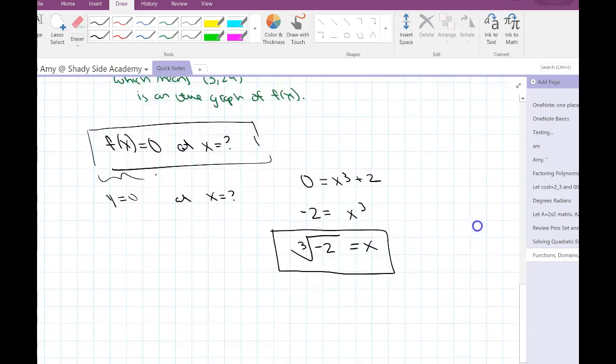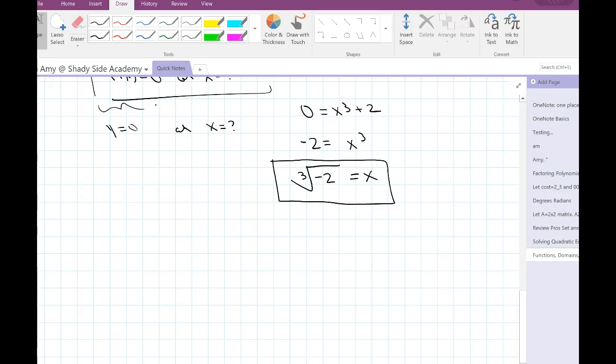Let's make sure we cover all things here. Example number 2: let f of x equal the square root of x minus 3 and g of x equal, I don't know, 1 over x.